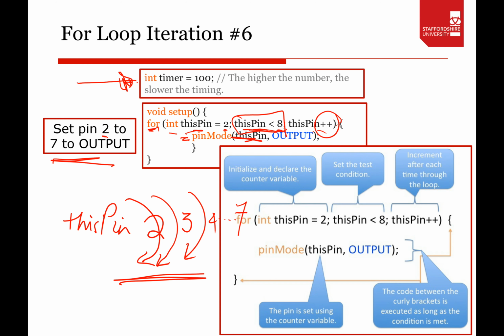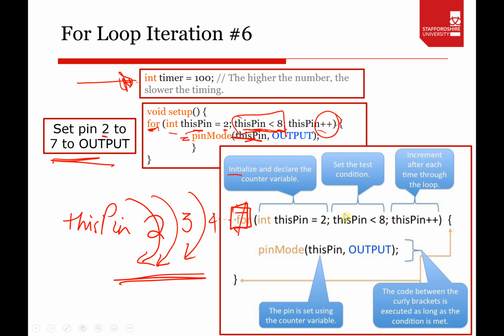Just to reiterate what I've just said, in the for loop, int this pin is to initialize and declare the counter variable, the variable that's counting up each time the code is run.